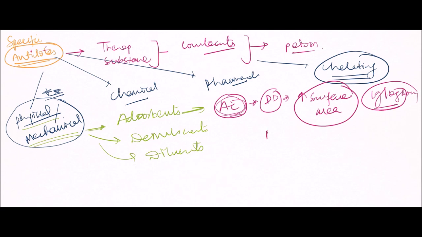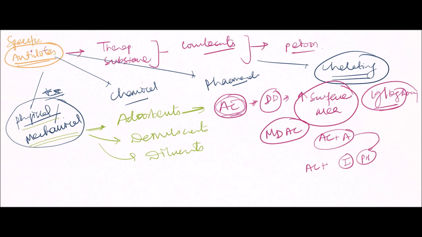Sometimes we can use multi-dose activated charcoal, because in the stomach the pH is low, so activated charcoal binds with a drug that is acidic. But as the drug reaches the intestine, the pH changes and the activated charcoal dissociates from that drug.